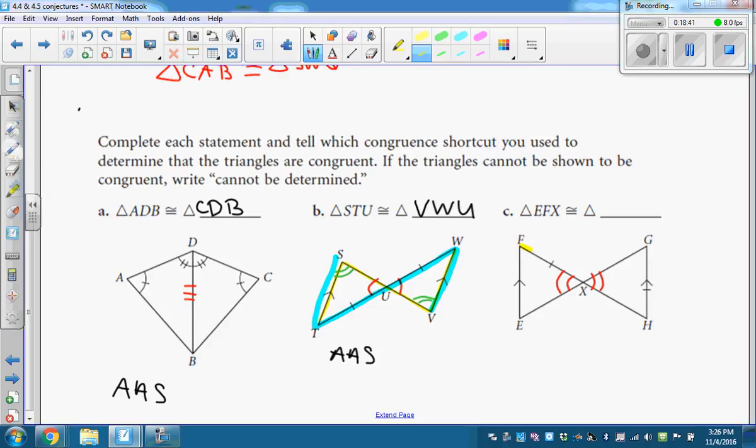So this is marked congruent to this here. Do you see that? And we also have some interior angles that we can use. These are equal, right? And then these are equal. So it's angle, angle, and then you have, angle, angle is not a theorem.